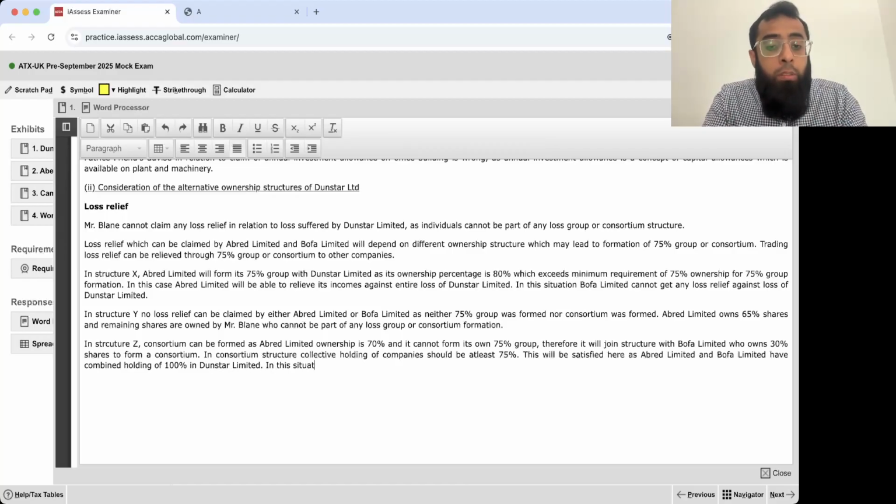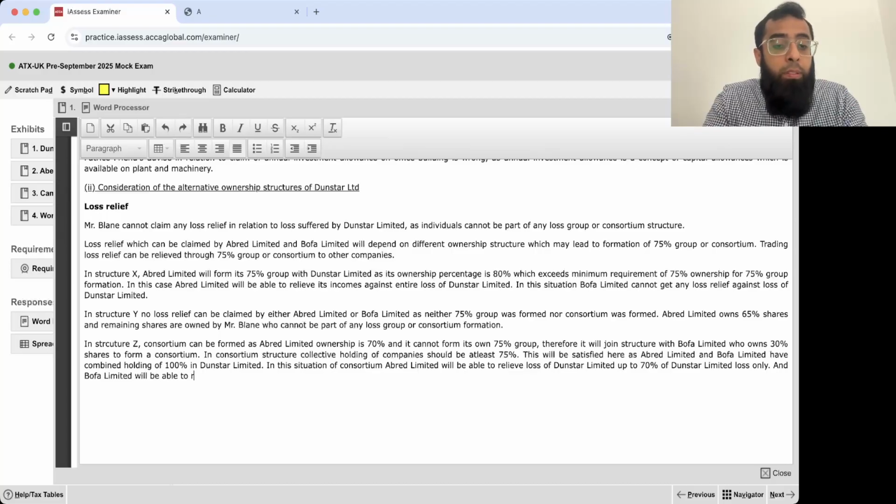In this situation of consortium, Abrid Limited will be able to relieve the loss of Dunster Limited up to 70% of Dunster Limited's loss only. And BOFA Limited will be able to relieve 30% of Dunster Limited's loss against its income. See, in a consortium, it will get divided according to whatever your ownership is.